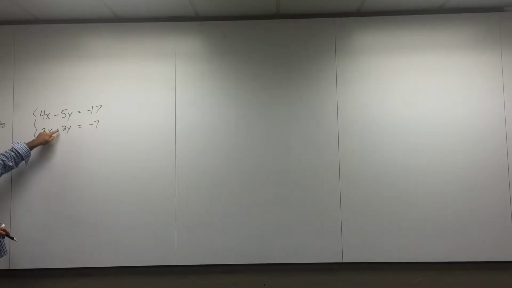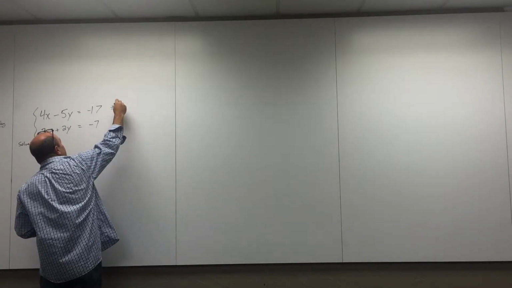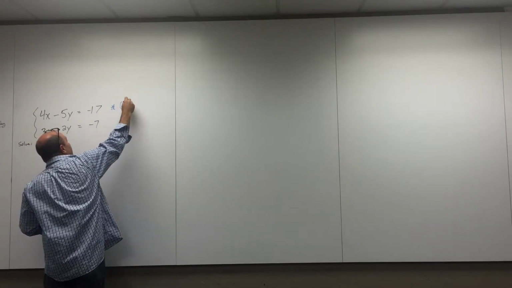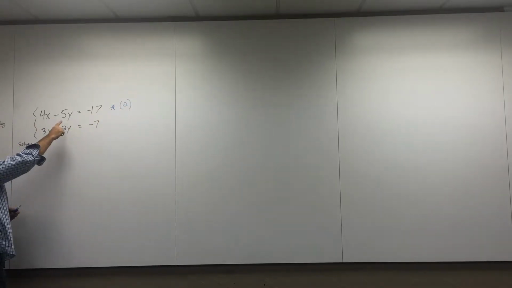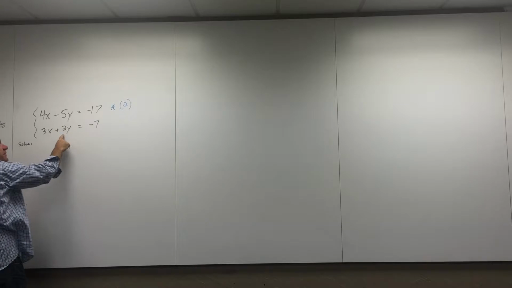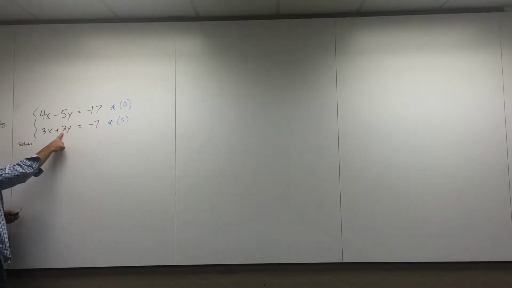What could you multiply by to make that happen? Let's multiply this one by a 2. The purpose is to get a negative 10y. Then what would you multiply this by? A 5. The purpose is you would have a positive 10y. And then you could eliminate those variables.